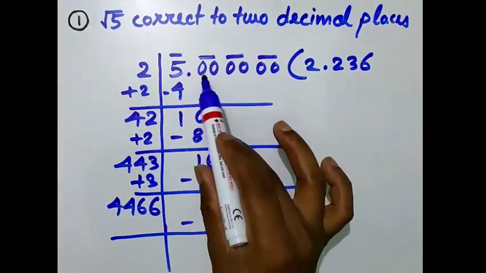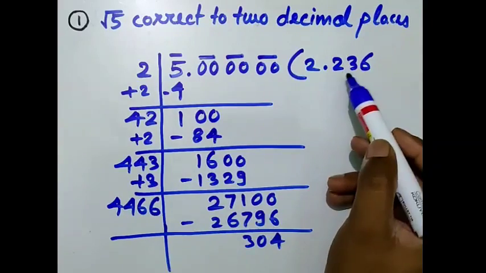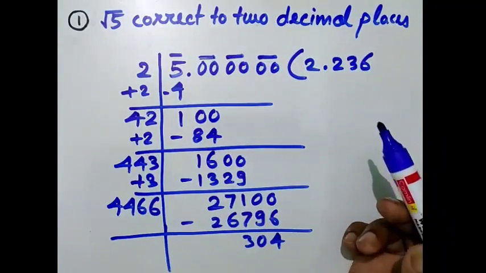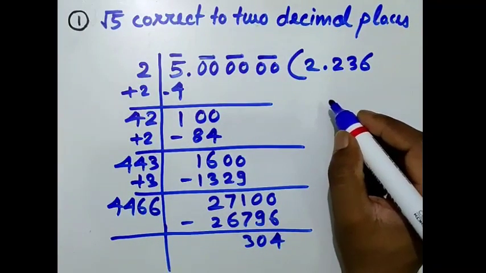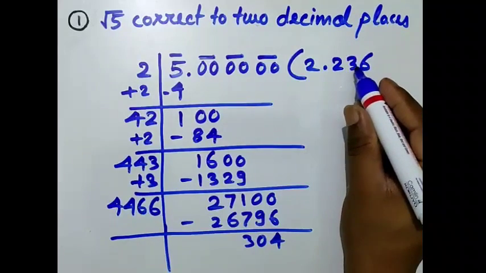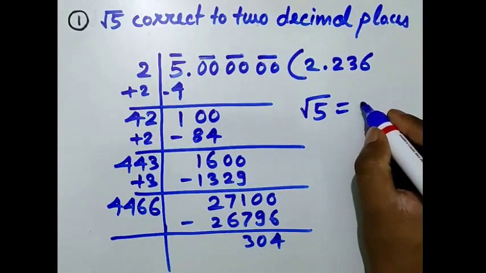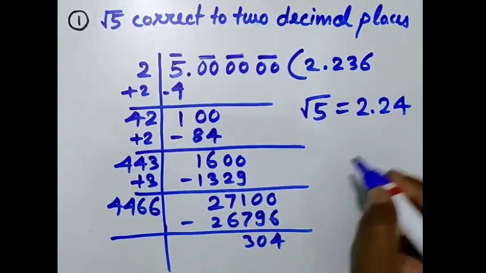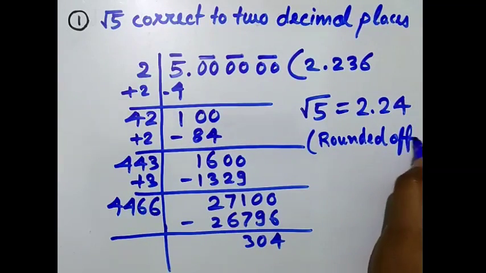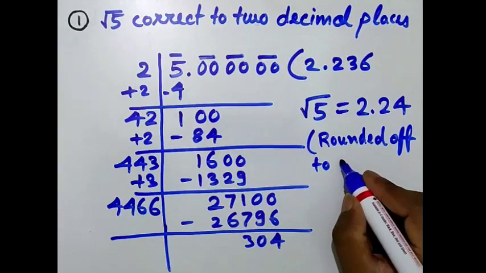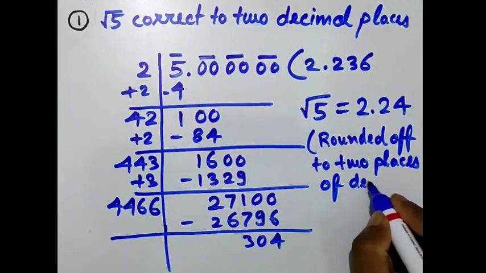Now we have divided the 3 pairs after the decimal places. So 3 decimal places we have got. So we can round it off to 2 decimal places now. So square root of 5 is equal to 2.24, rounded off to 2 places of decimal.